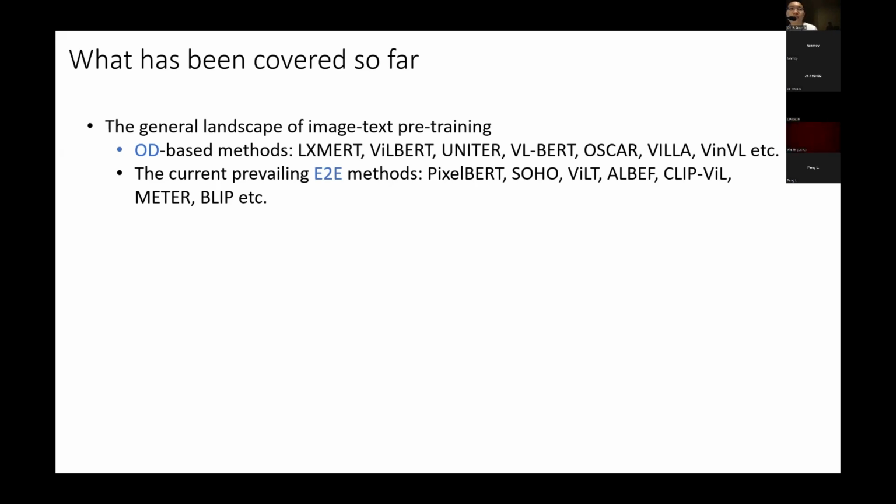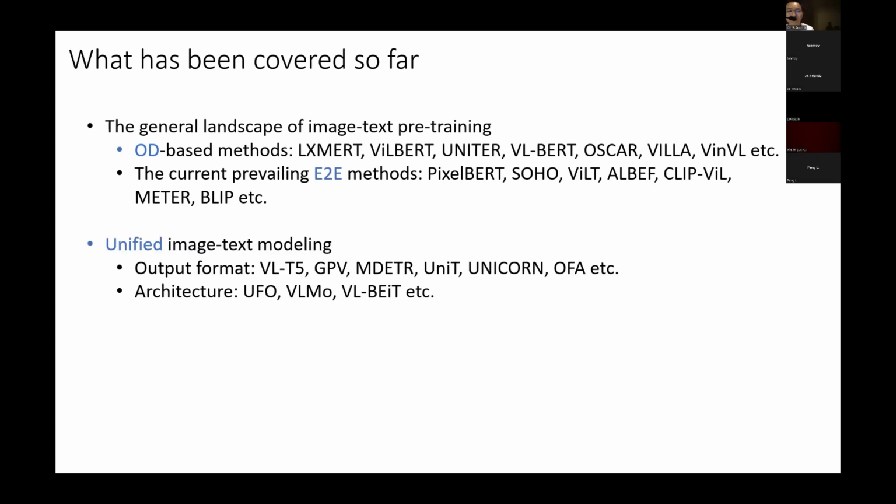Some examples, as we discussed, include LXMERT, VLBERT, UNITER, and etc. And then we come to the current prevailing end-to-end pre-training methods, and we discuss how we can use convolutional networks or vision transformers so that the whole model can be trained from end to end. Pixel-BERT, SOHO, ViLT, ALBEF, METER, BLIP, and etc.